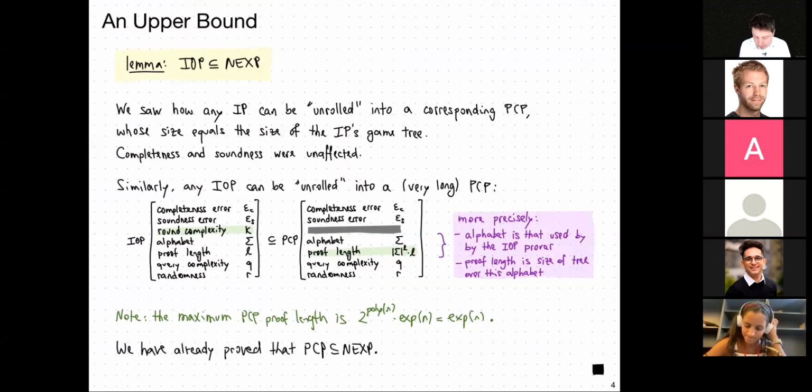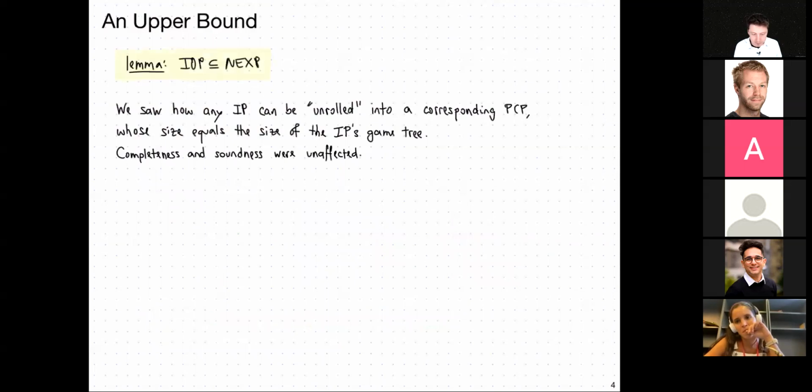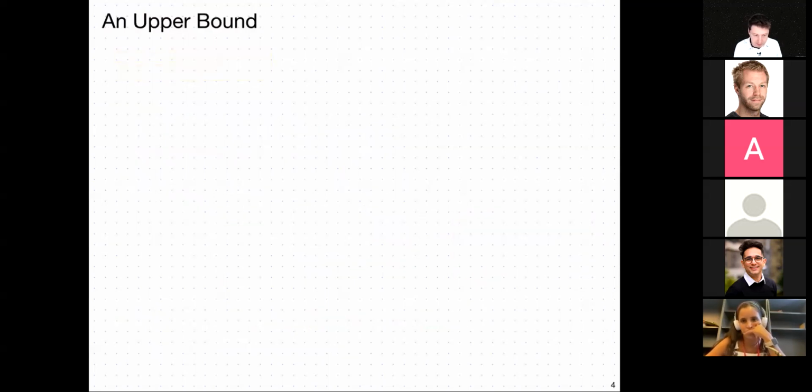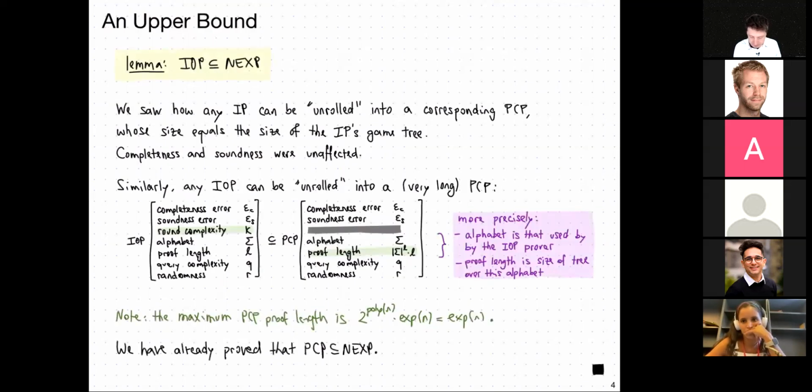So overall, this is telling us that IOPs are no more powerful than PCPs in terms of captured languages, and together with the fact that we already proved that PCP is contained in NEXP, we conclude our lemma.